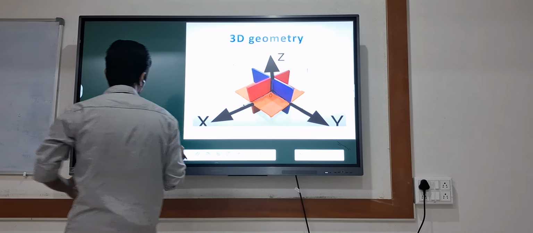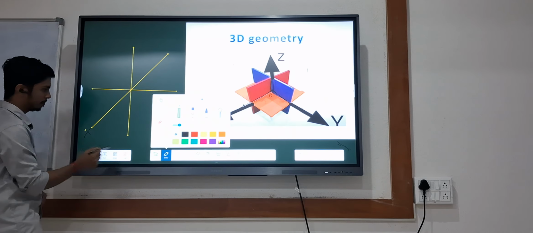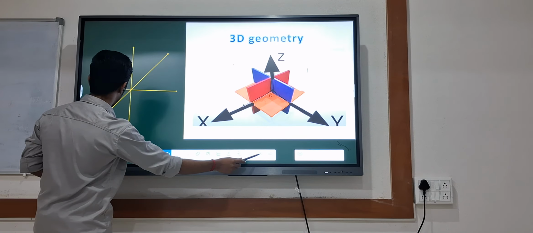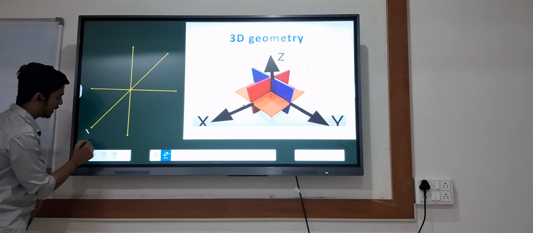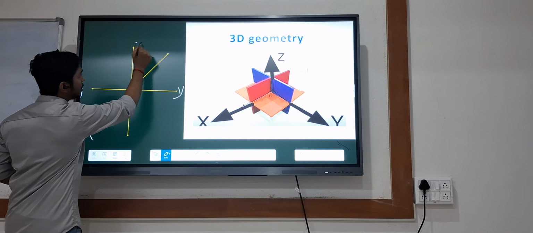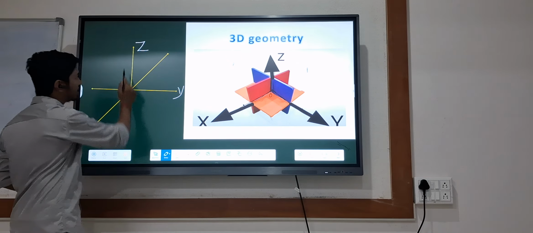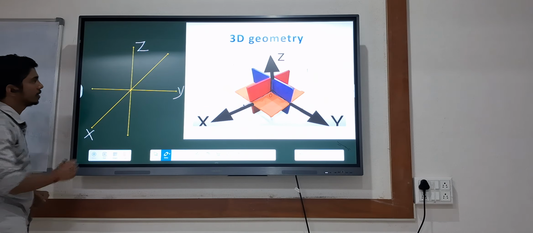First, this is the x-axis. This is the y-axis. This is the z-axis, right? This is the height, the z-axis.